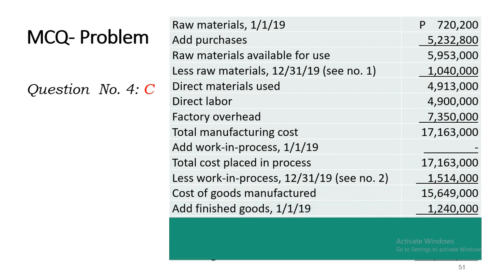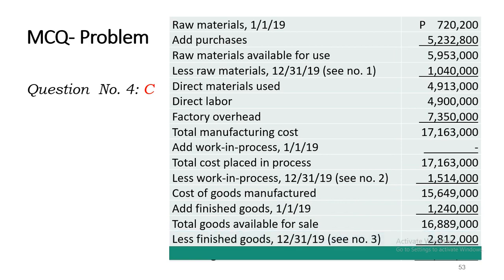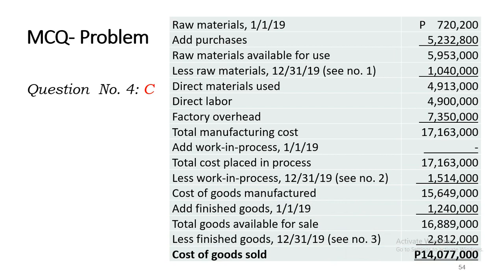Add finished goods inventory, and that is the total goods available for sale. Less finished goods ending, and that is now the answer, cost of goods sold, which is 14,077,000. Okay? So, that is for illustrative problem number 2.